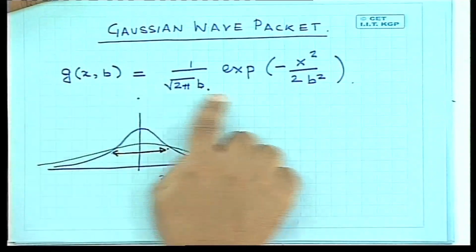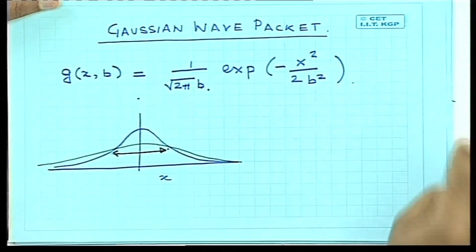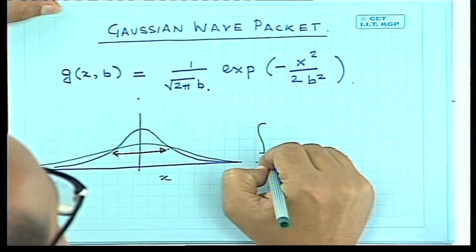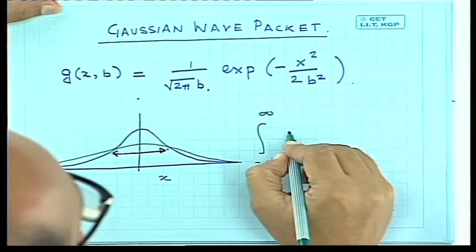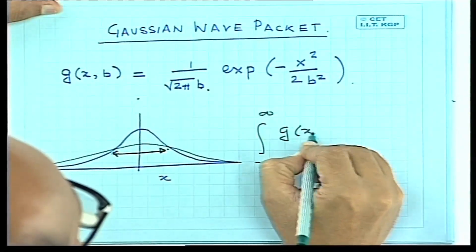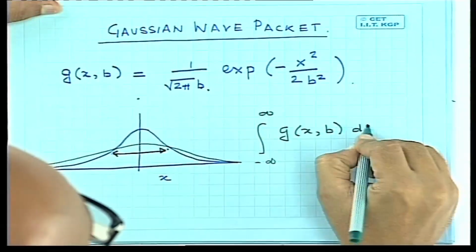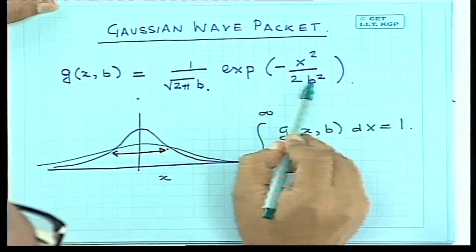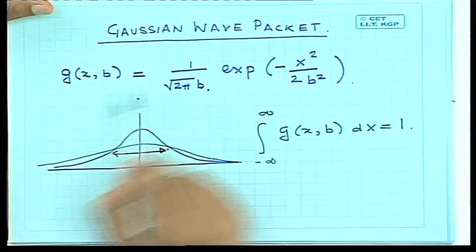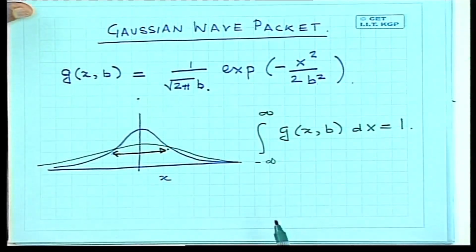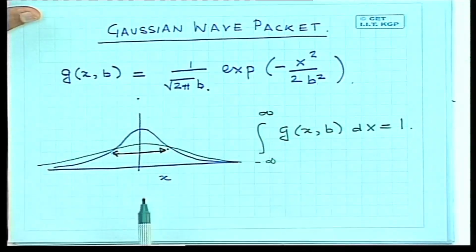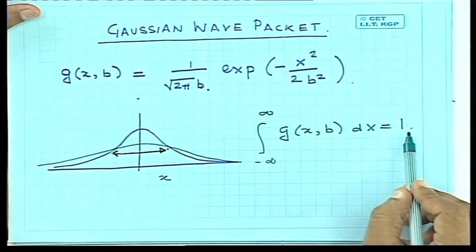It is clear from this and from the previous mathematical excursion that the integral of the Gaussian from minus infinity to infinity is equal to 1, because we have absorbed this b over here, and there is a 1 by square root of 2 pi which takes care of the square root of 2 pi which appears when you integrate such a function. This Gaussian is defined in such a way that its integral from minus infinity to infinity over the x-axis is equal to 1.